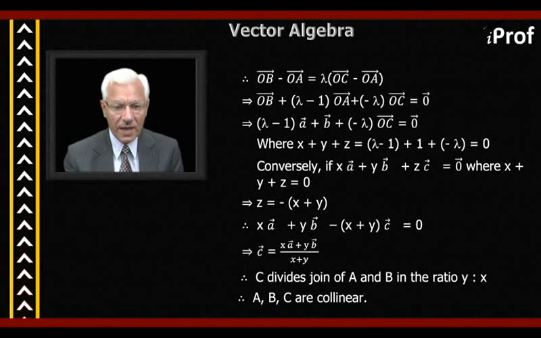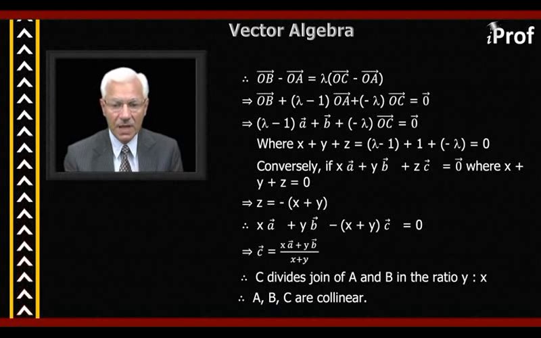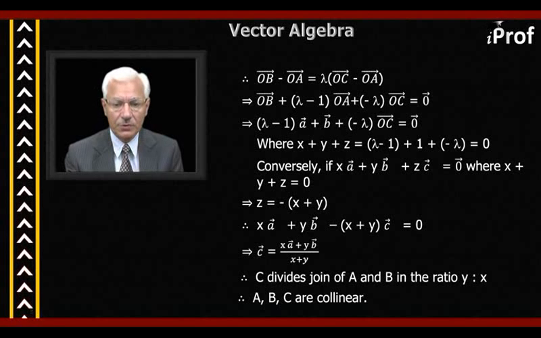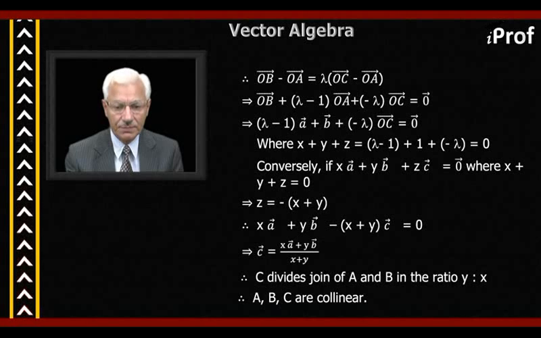Conversely, if xA plus yB plus zC is equal to 0, where x plus y plus z is equal to 0, we have z is equal to minus (x plus y).